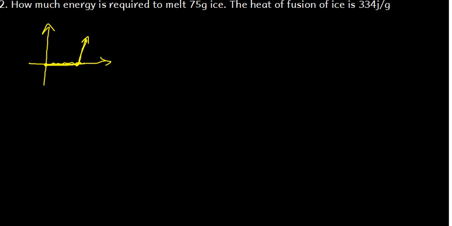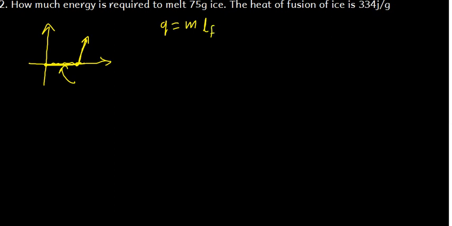So the energy required for a change of state is called latent heat of fusion. In this case, changing from solid to liquid is latent heat of fusion, which has been given. So the energy is given by mass times latent heat of fusion.